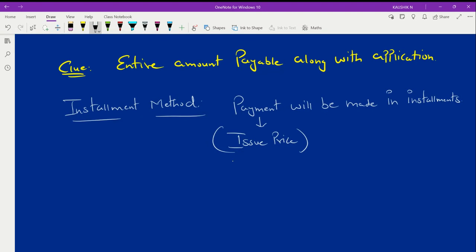So here, how do you understand whether it is the installment method? You will have these split-ups. For example, the face value is given as rupees 100.